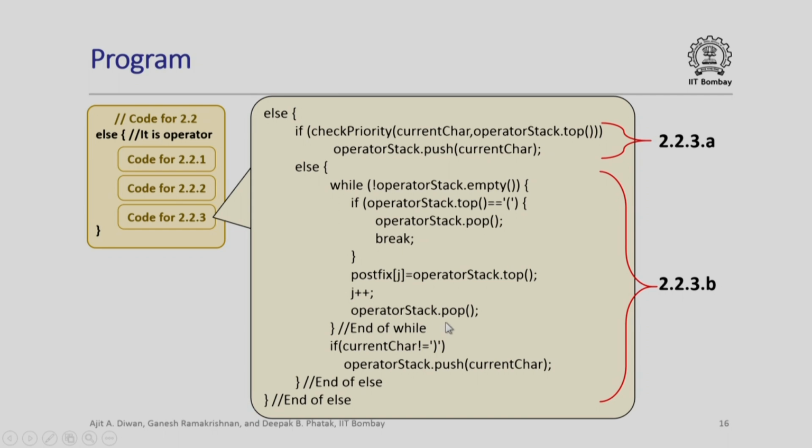Finally, I pop off the top of the stack, which has already been accounted for by including it in the postfix string. This is the end of while. At the end of this while, if the current character is not equal to closing parenthesis, then I have to push the current character, which is an operator, onto the stack. This is the end of this else statement.